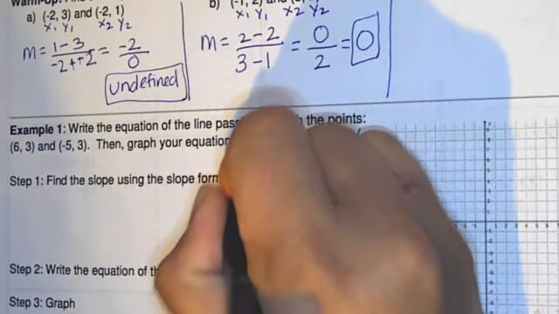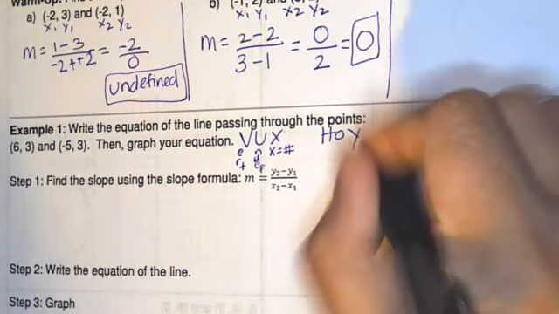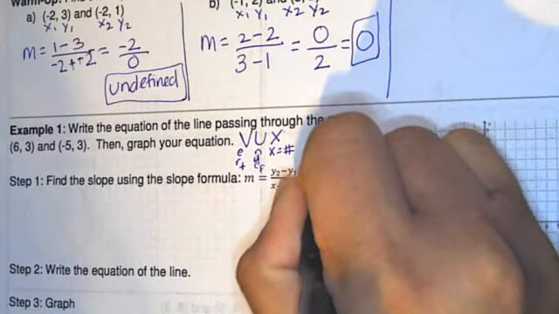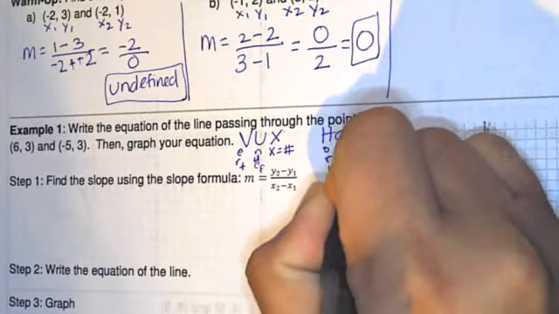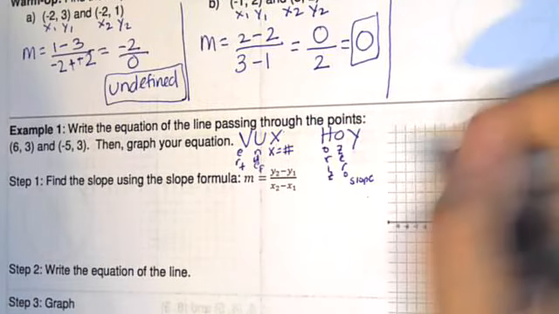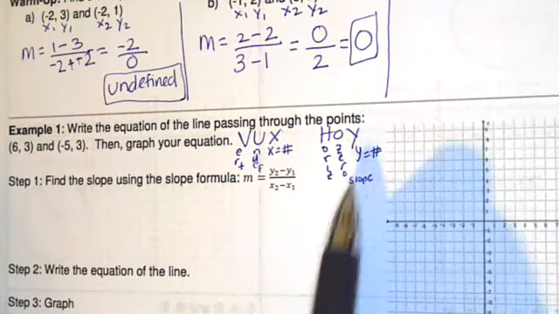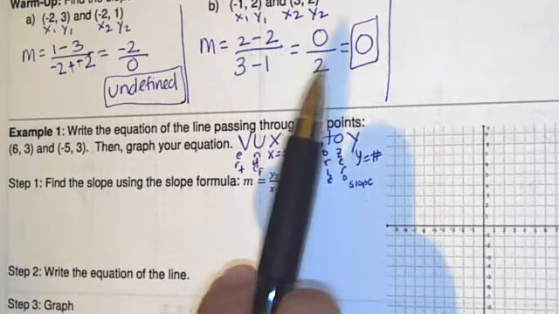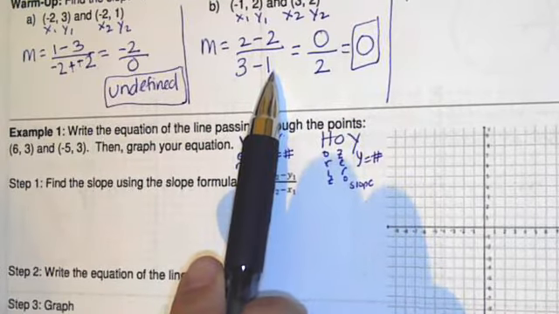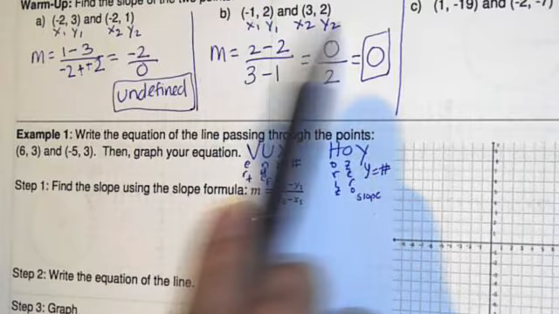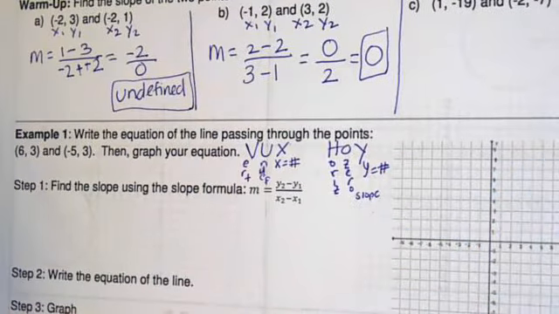But again, if that helps you, use that mnemonic device. Otherwise, don't. This one was horizontal. H stands for horizontal. This refers to 0 for the slope, not undefined. And then this would be y equals a number. So on this one, when I saw letter B had 0 for the answer for the slope, I know that this would be a horizontal line connecting these 2 points. And we could write the equation of it as just y equals a number.